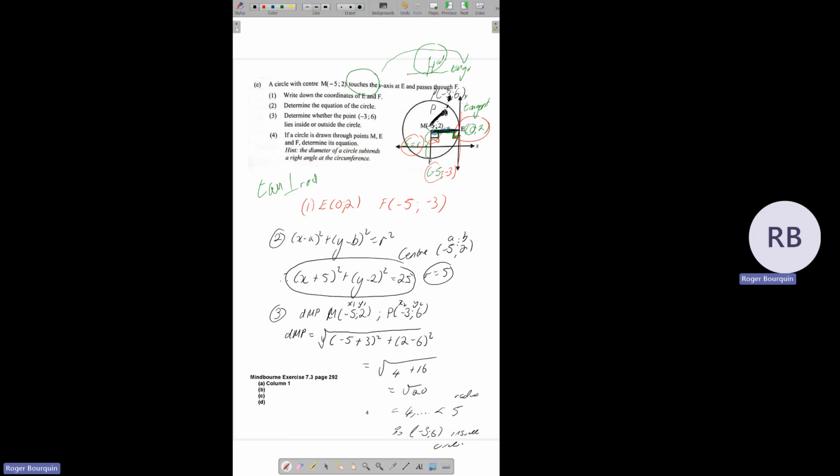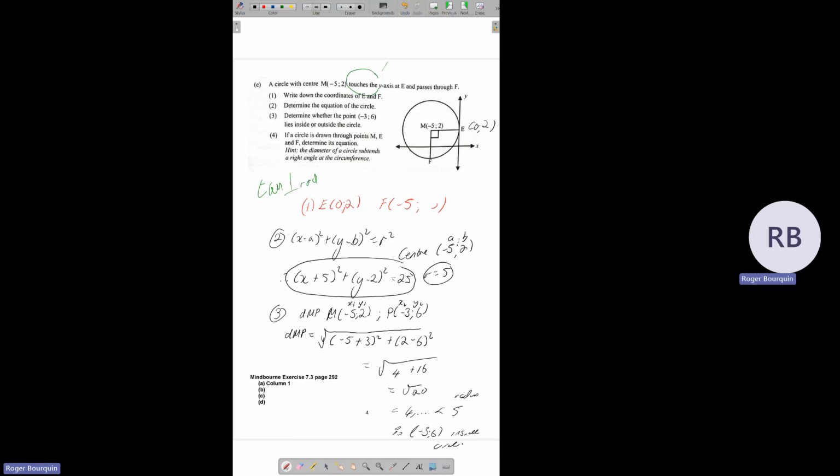Right. Now it says, if a circle is drawn through points M, E, and F, let's just clean this diagram a bit. So a circle goes through M, E, and F. Determine its equation. So, first, a circle through M, E, and F. Remember, M has coordinates 0, 2.